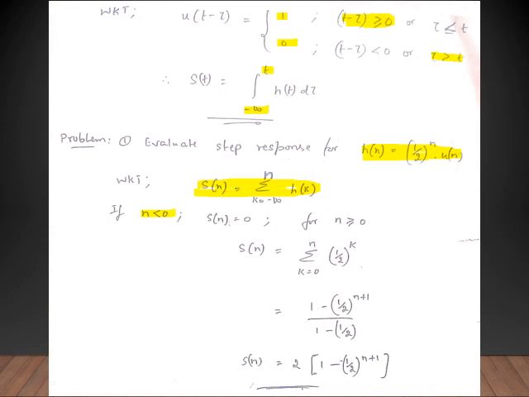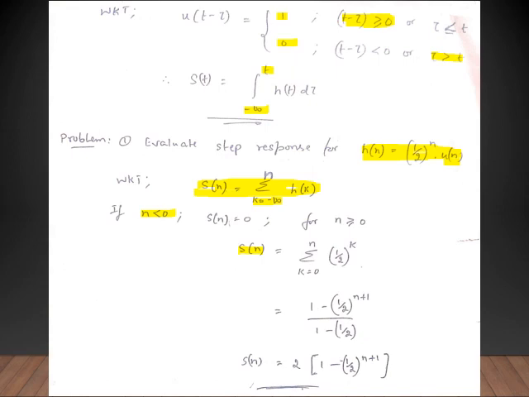It is not at all possible because u of n is 0 here if n is less than 0. So the value exists only for n greater than or equal to 0. Minus infinity till 0 cannot be considered. Hence, for the given step response equation s of n, the summation k equal to 0 to n exists only, with h of k, that is half to the power k, since we have k here instead of n.